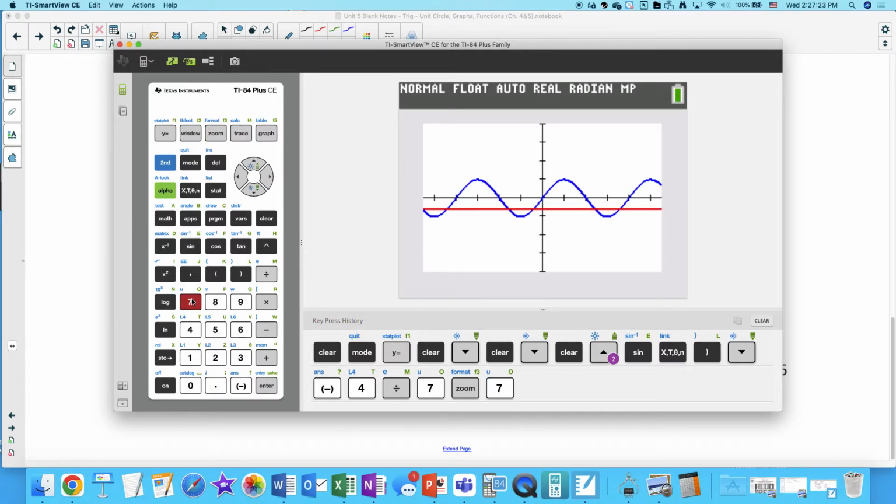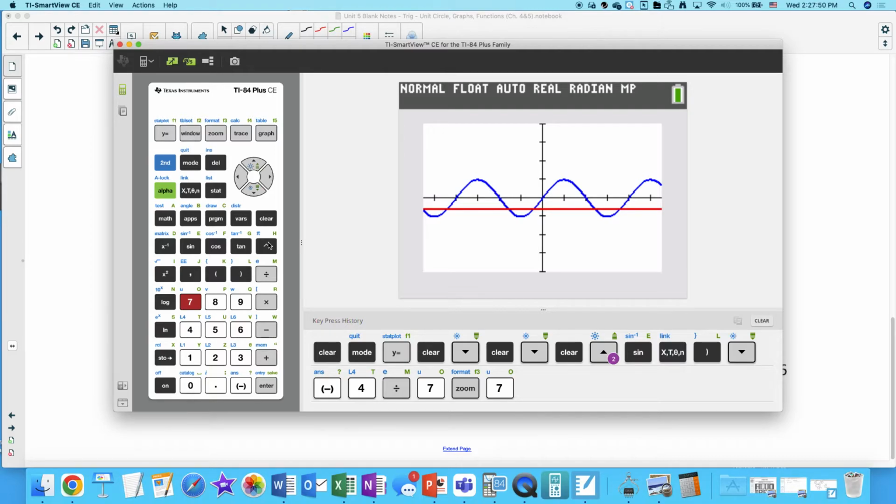Okay, now we're going to talk a lot more about y equals sine x and y equals cosine x tomorrow. But one thing I will say about it, because you guys have already noticed it looks like a wave, is that this is called a periodic function or a cyclical function, because there's a specific chunk of it, a period of it, from here to here, that keeps repeating and repeating.